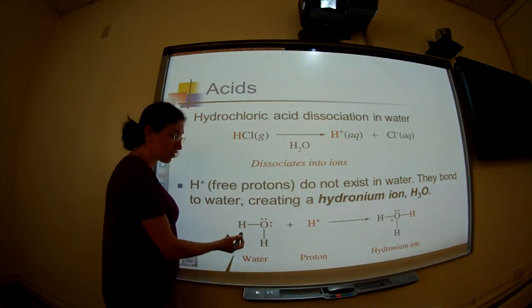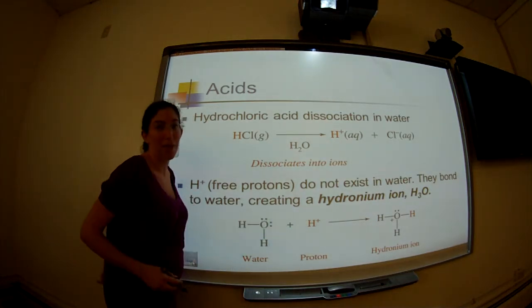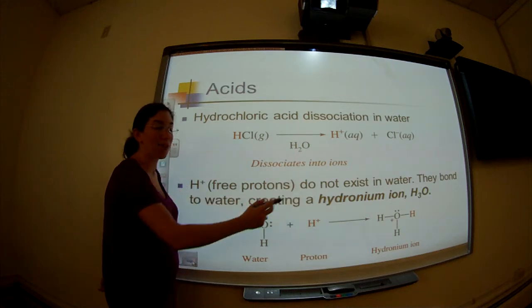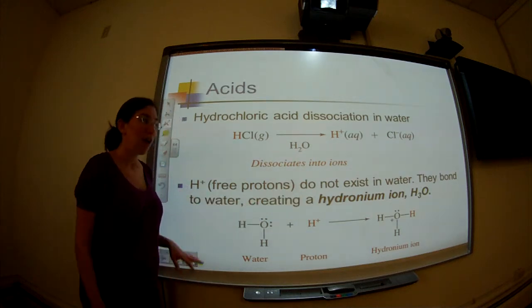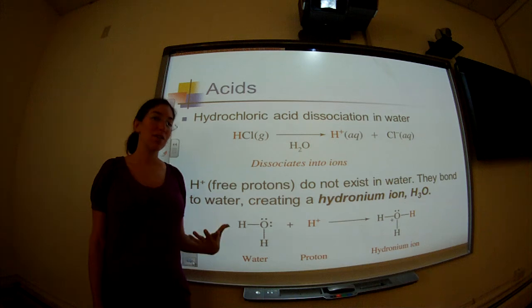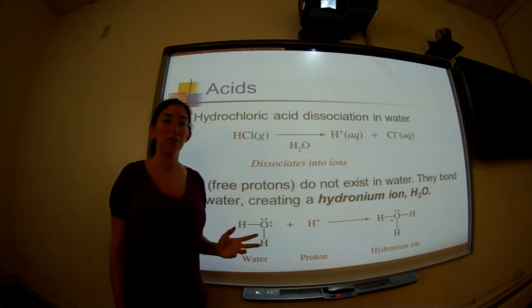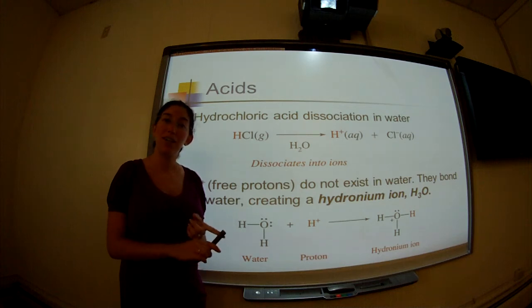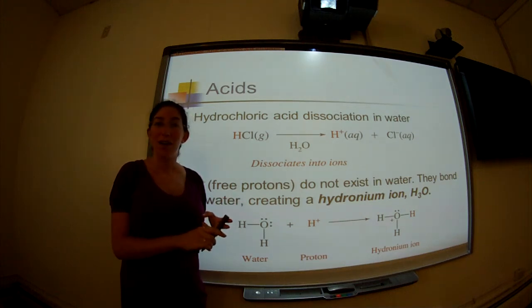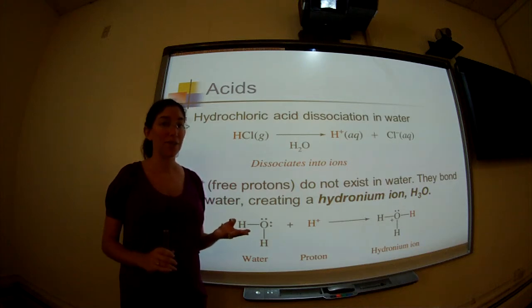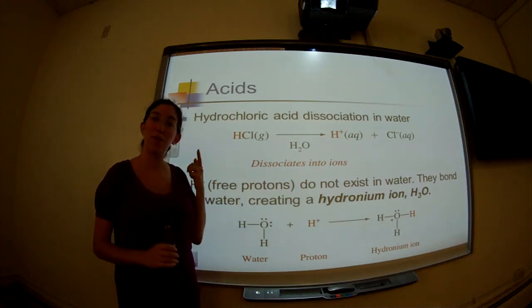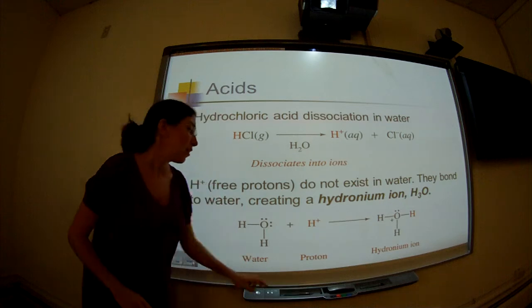So essentially this water molecule picks up that free proton, and now it has 3 hydrogens, and we call that hydronium ion. So these are some terms you're going to need to know. Make sure you can keep straight hydrogen ion, hydroxide ion, and hydronium ion. They all kind of sound the same, but you need to be able to remember which is which.